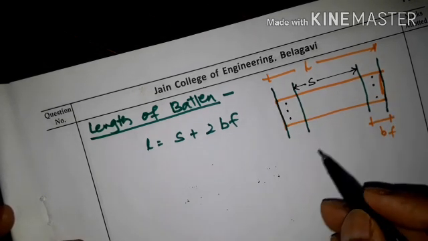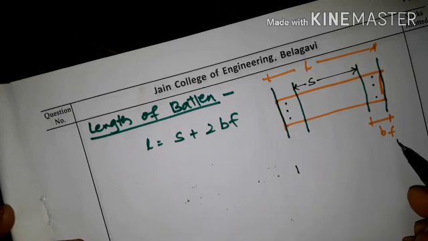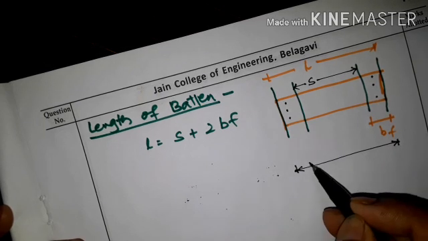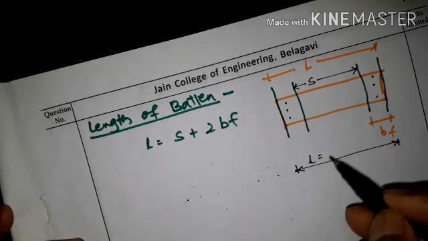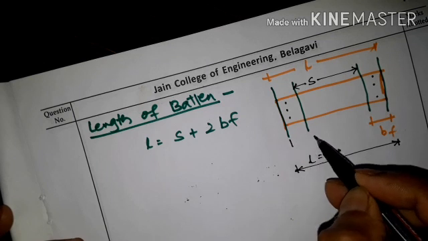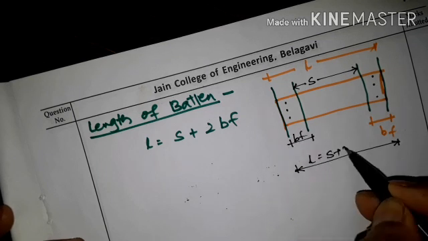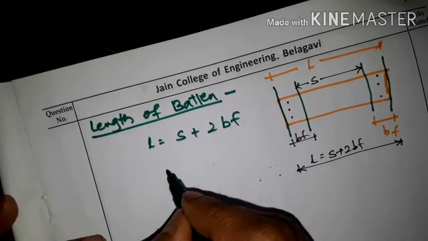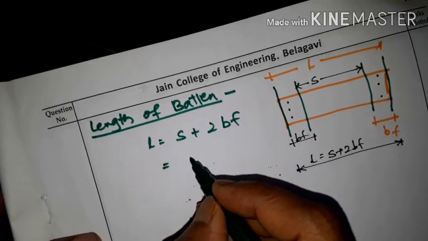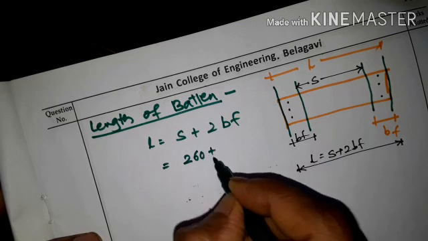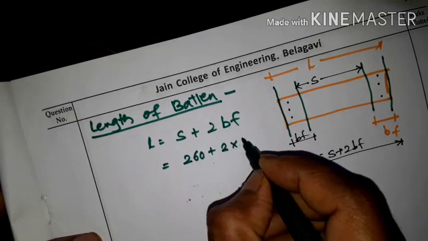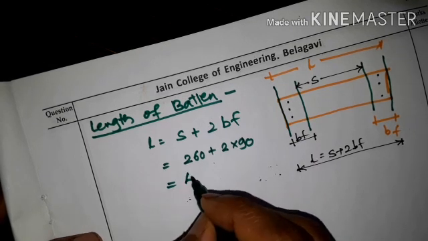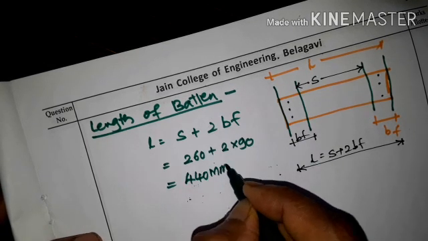So the total L will be, from here to here, the spacing plus 2 times the breadth of flange. So S is 260 plus 2 times the breadth of flange, which is 90 for the channel section if you refer. So we get length equal to 440 mm.